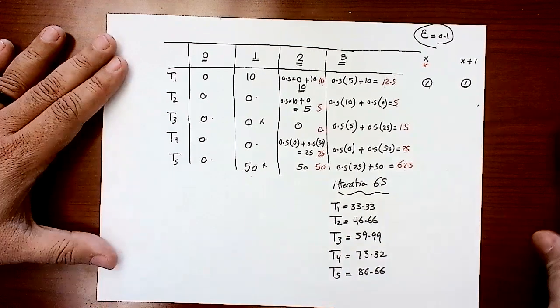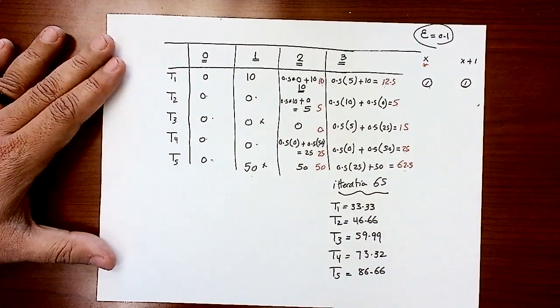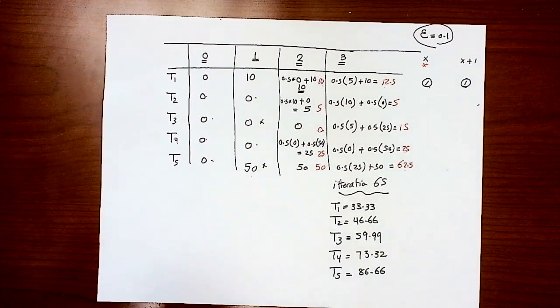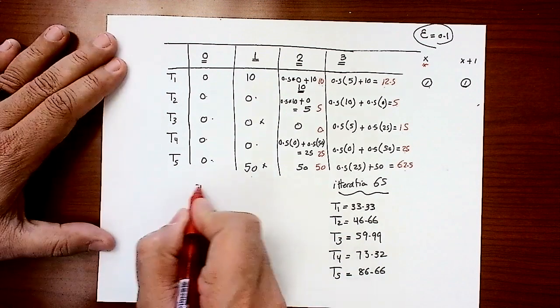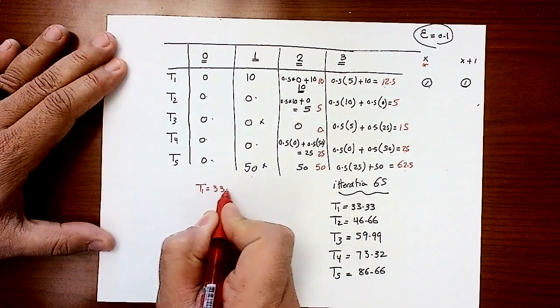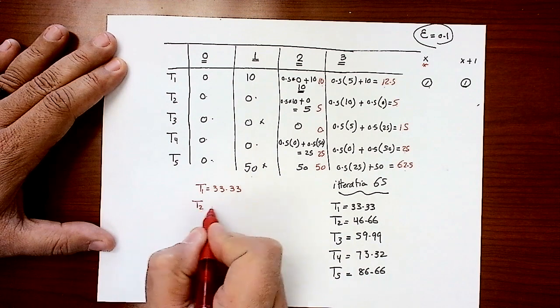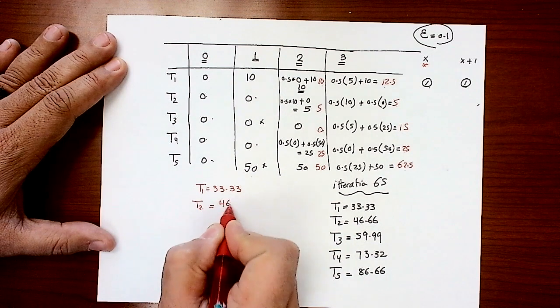You guys recall what the analytical solution values, or the finite difference values, were for that same example? Let me recall these numbers for you guys. We got T1, 33.33. We got T2, 46.67.